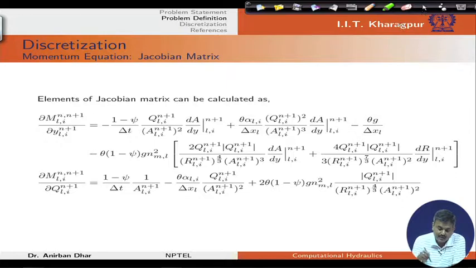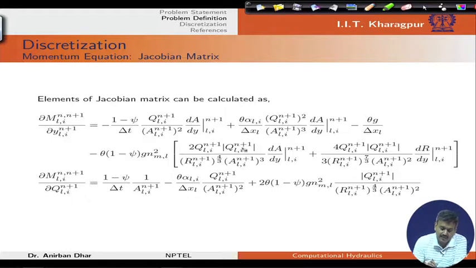Now in this case one should note that we are utilizing these mod values only for the derivative terms which are related to S_F.